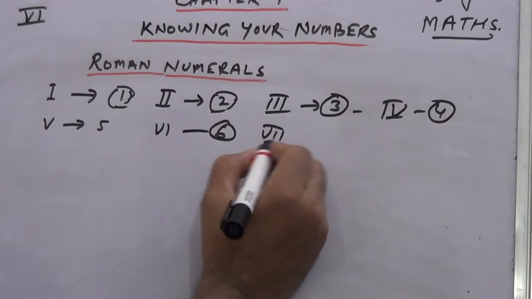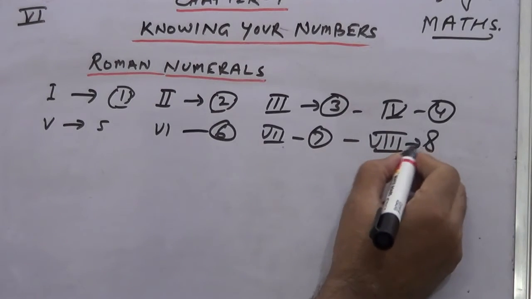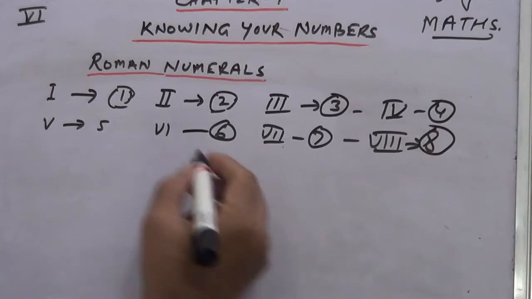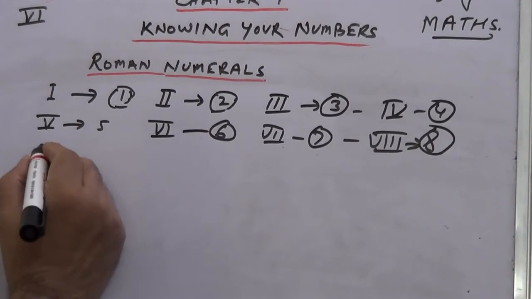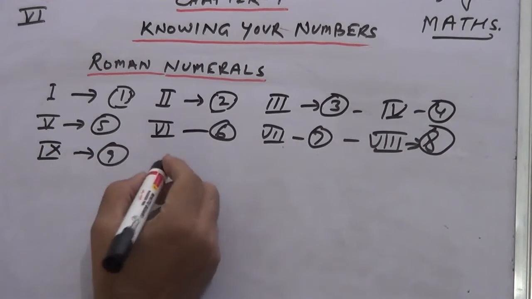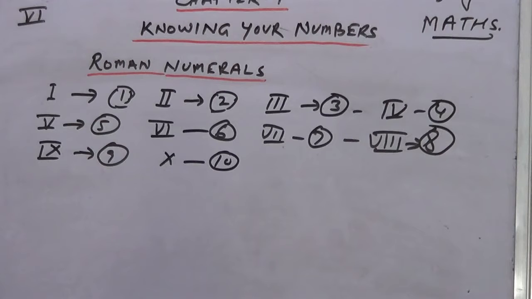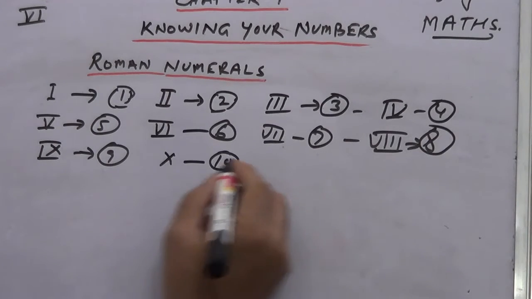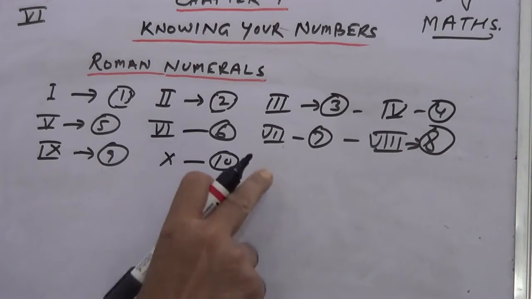Number 7 is written like this. Number 8 is written like this. Number 9 is written like this. And number 10 is written like this. These are the general numbers up to 10.